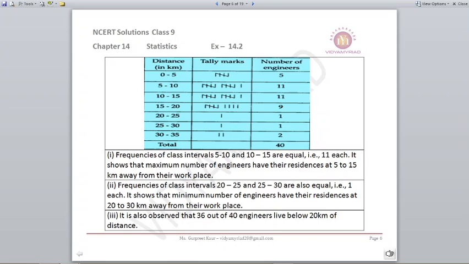The least number is only 1, so one engineer each lives between 20 to 30 kilometers of their workplace. Or we can also say that the total number of engineers is 40, so around 36 of the engineers live below 20 kilometers. This is the information we can gain from the above table.